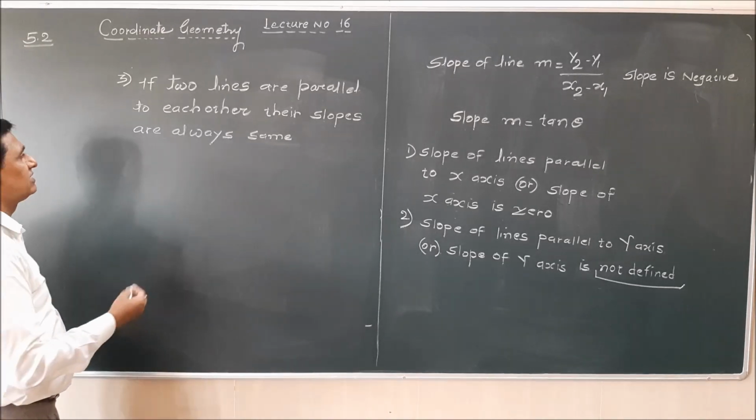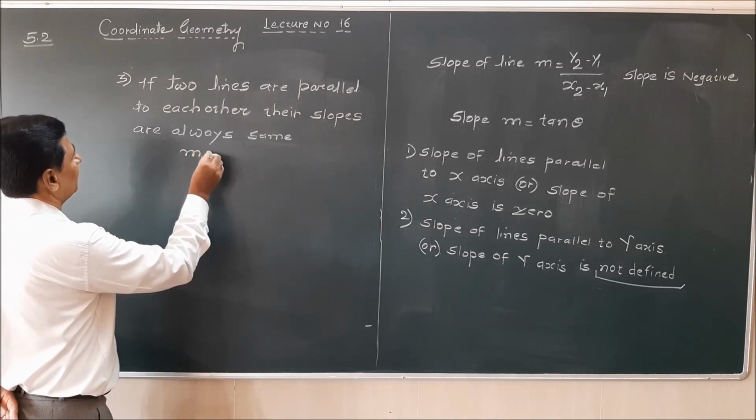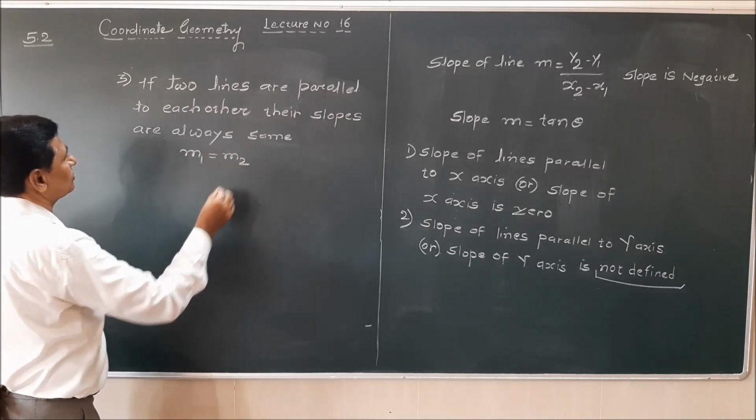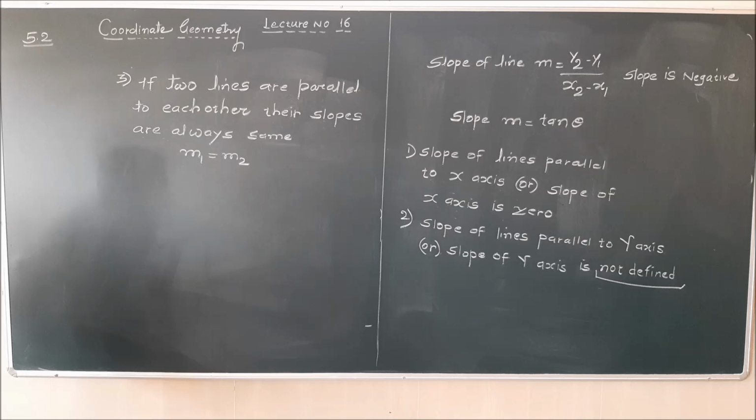For example, if m1 is the slope of the first line and m2 is the slope of the second line, then m1 is equal to m2.